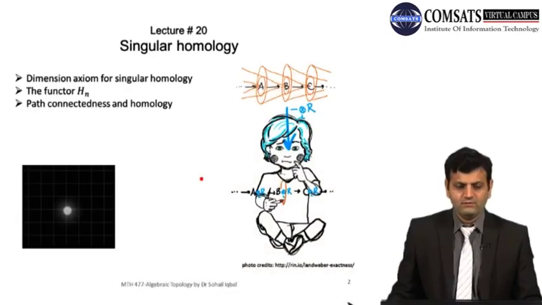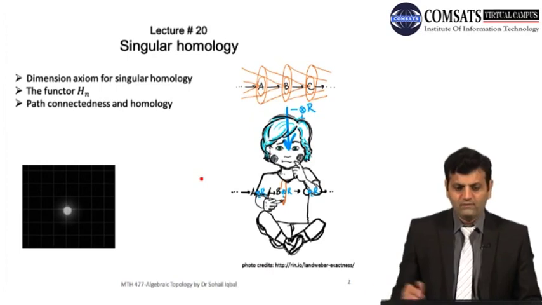In today's lecture, we will discuss the dimension axiom for singular homology, and then we will discuss the functor Hn in the case of singular homology. Then we will see the case of path connectedness and homology, and what will be the effect of path connected components on the calculation of homology.